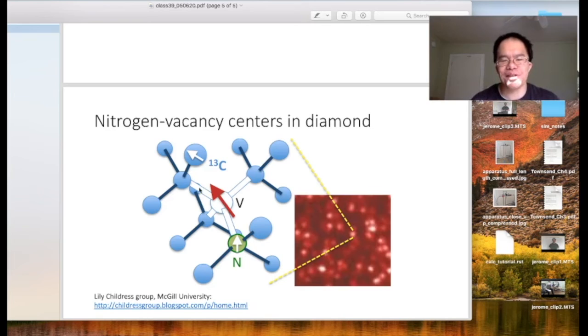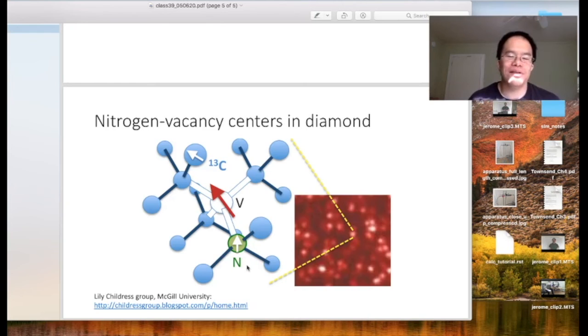The physics here is well beyond the scope of what I can tell you, but it turns out that this defect ends up having effectively a spin, just like we've been talking about spin for electrons and other particles. So there's a lot of interest right now in controlling, measuring, and manipulating the spin states of these NV centers for applications like quantum computing.